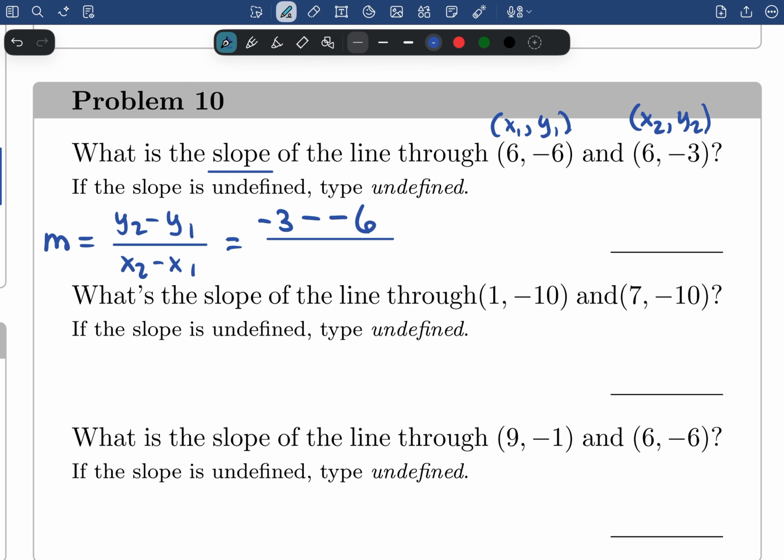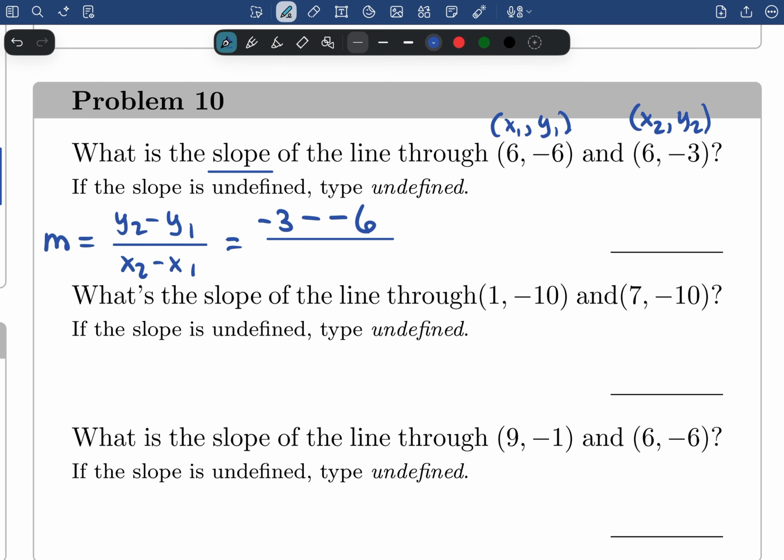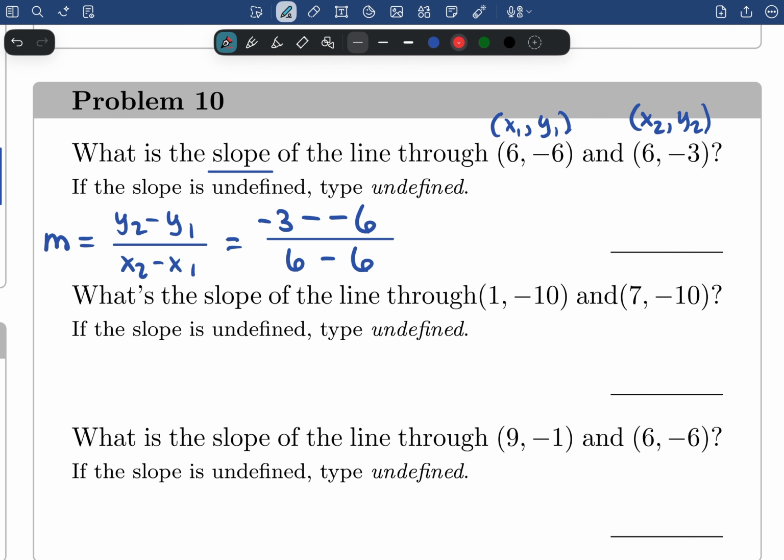Now I move to the bottom, x2 minus x1. Well, x2 is 6, x1 is 6, so I'm taking 6 and subtracting 6. Now, whenever you have a double negative, like you do in this case, the minus sign of the formula and the negative value of y1, then you have to turn that double negation into a plus sign. Just make that a big plus sign. Continue forward.